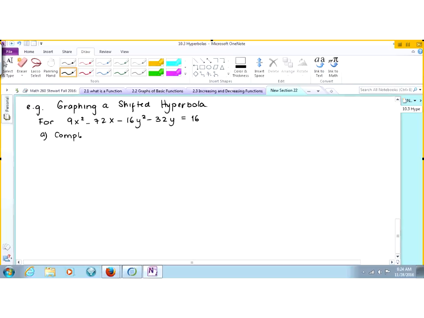Okay. So what we need to do is complete the squares to show that the equation represents a hyperbola.